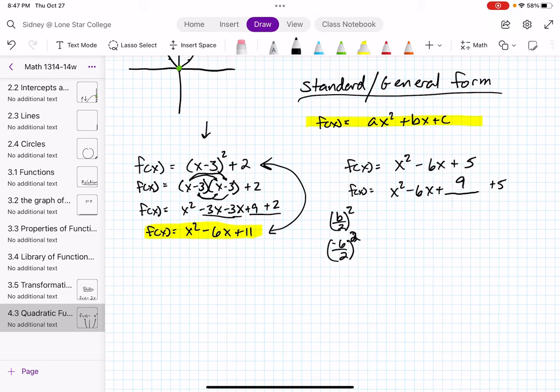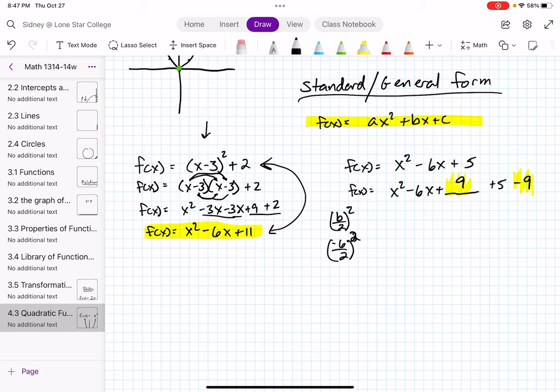Now before, if we added 9, I would add 9 to the other side of the equation. But the problem is, this is in function notation. So I can't just add 9 to the other side of the equation. But what I can do is compensate by subtracting 9. Because plus 9 and minus 9 is nothing. They perfectly cancel out. So I added a plus 9 and a minus 9.